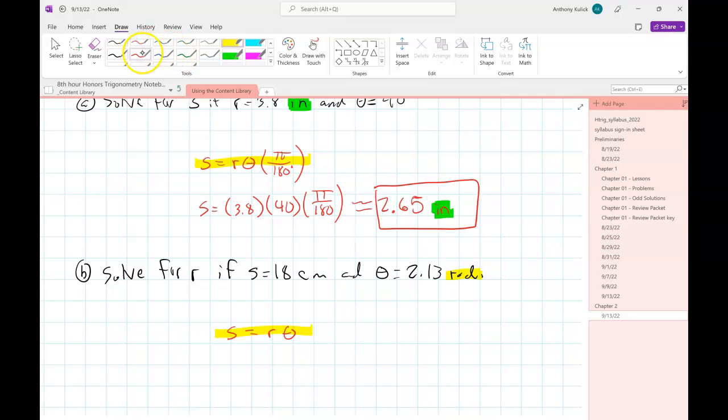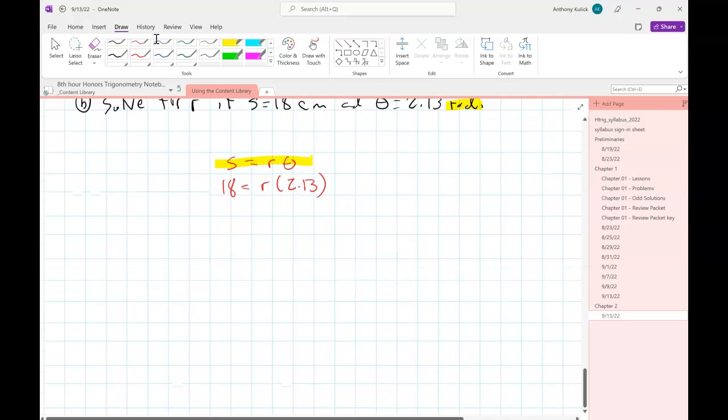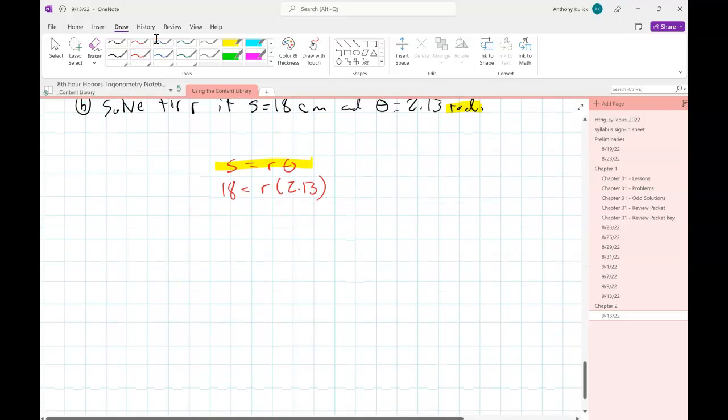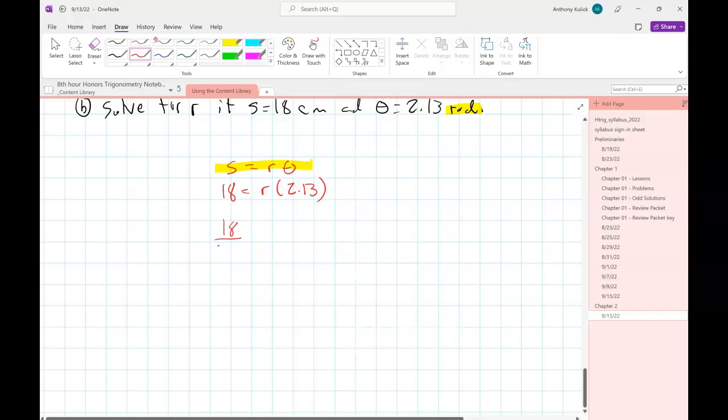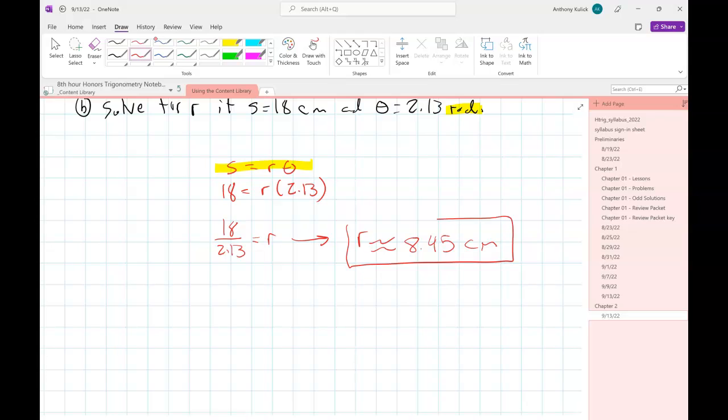And then we'll just plug in my values. And if I divide both sides, I get that r is about 8.45 centimeters.